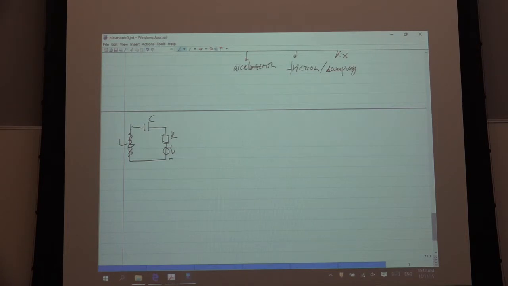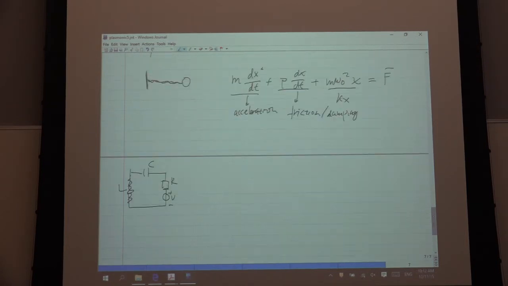So let me draw this if I remember clearly. For the capacitor, C du/dt equals I, right?